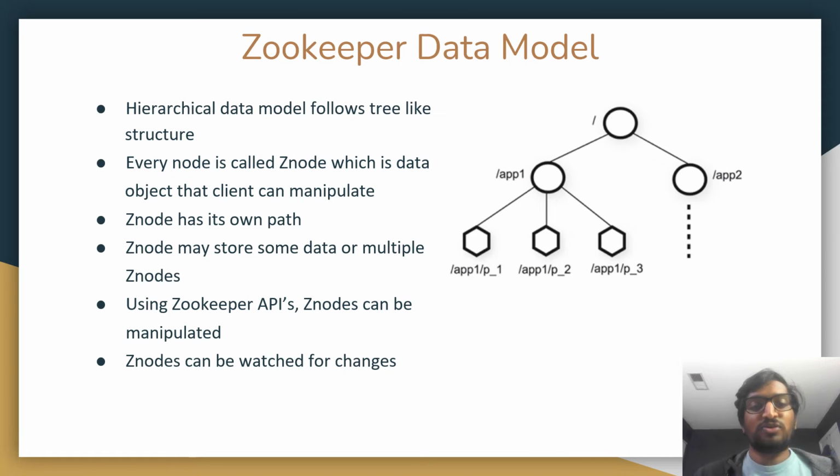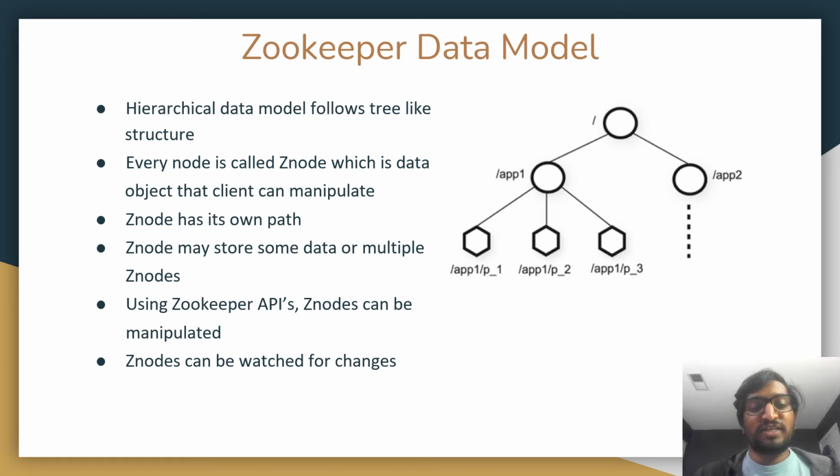In this slide, we're going to talk about the Zookeeper data model. As you can see on the right hand side, the Zookeeper data model is a hierarchical data model which basically follows a tree-like structure. Every node in this structure is called a Z node, which is a data object, and basically client can manipulate it.